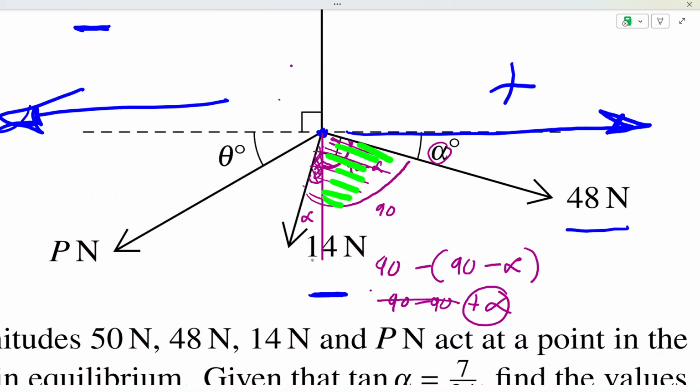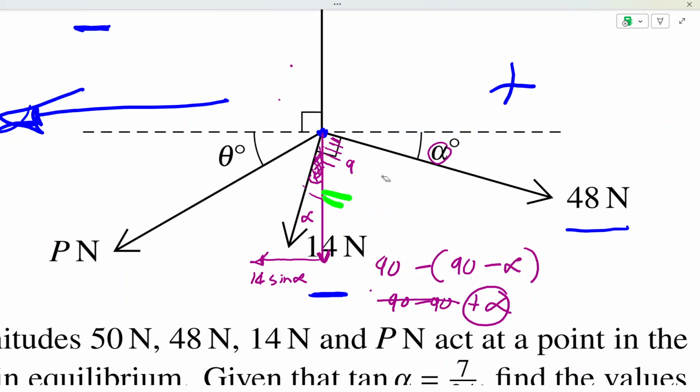Why am I doing that? Because I want to resolve in this direction. When I do that, this is going to be 14 sine alpha going in that direction. And this part, this direction, you can see it's the adjacent of that triangle.